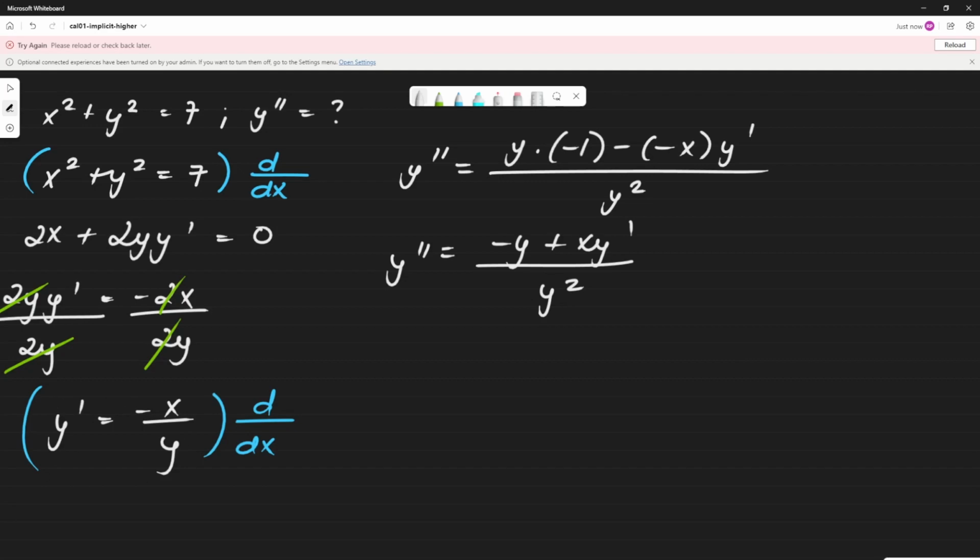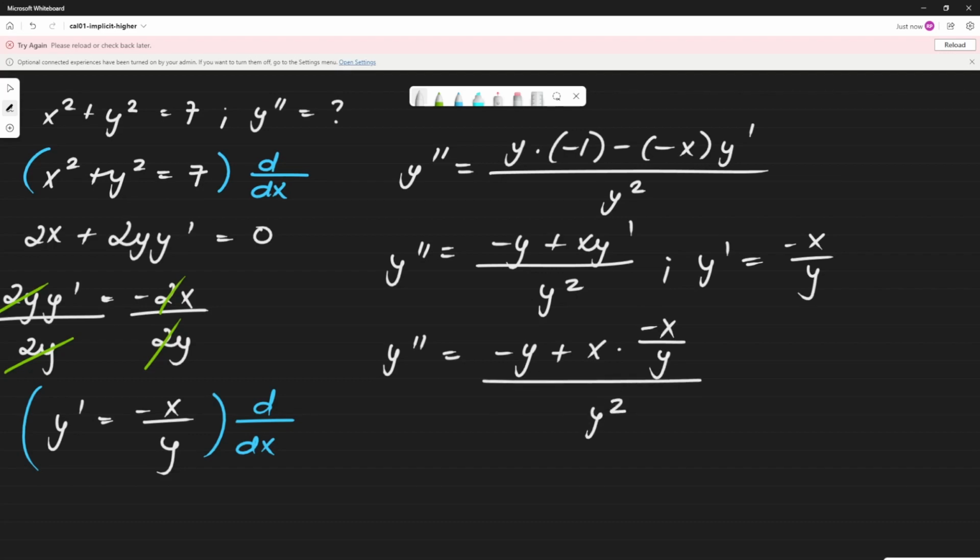Y prime is equal to negative x over y. So we have y prime is equal to negative x over y. Then we will just substitute. So we'll have y double prime is equal to negative y plus x times negative x over y squared.